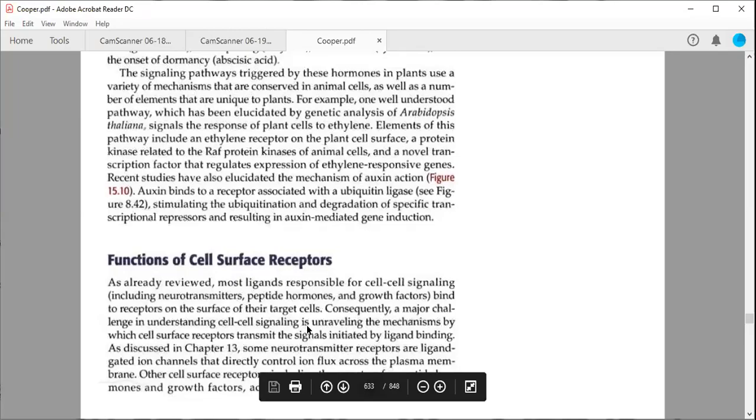Now we need to understand how signal transduction is achieved. When we study signal transduction, we should understand one basic thing called amplification. Amplification is required whenever a signal binds to the cell surface receptor.